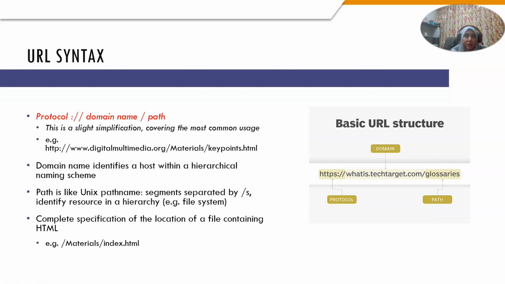Basically you want to access the content in the server. You can imagine that on your computer you have a directory. Inside the directory, for example inside your C document folder, is where you put the information or the file that you want to access.